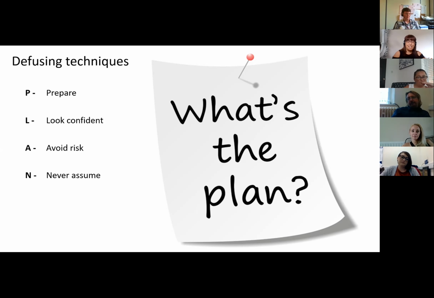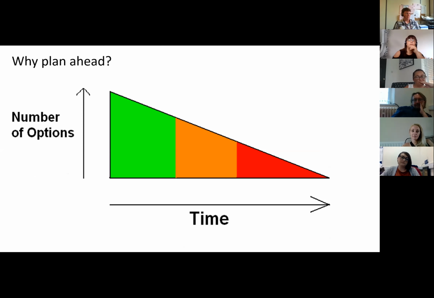So plan, prepare, confident, avoid the risk, never assume. It's about having options. And the more options you've got, the better, because the fewer options you've got, you start to run out of time.